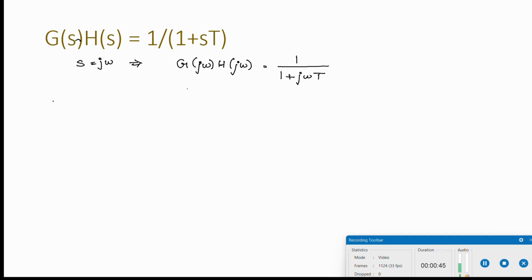For the magnitude, we can consider M equal to 1 divided by square root of real squared plus imaginary squared, which is equal to 1 divided by square root of 1 plus omega squared T squared.